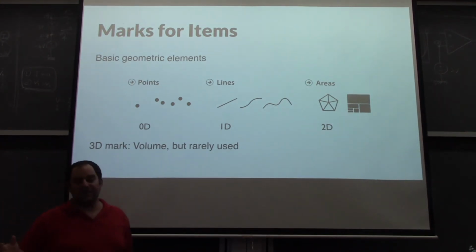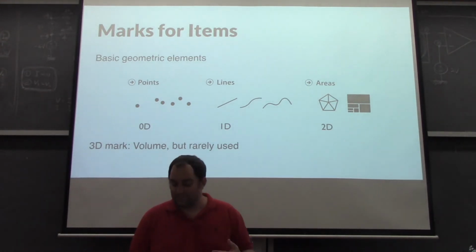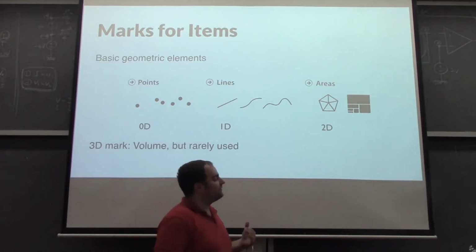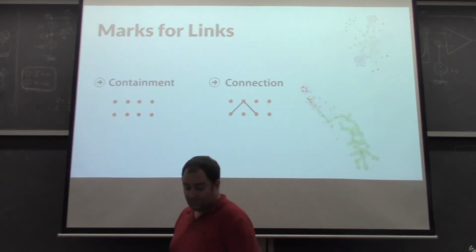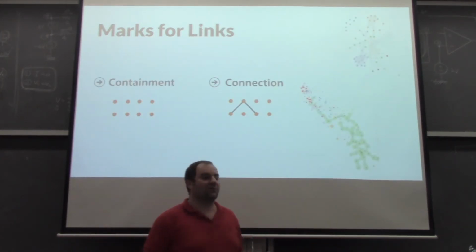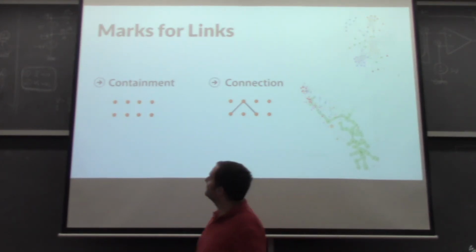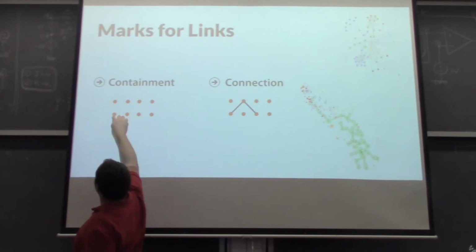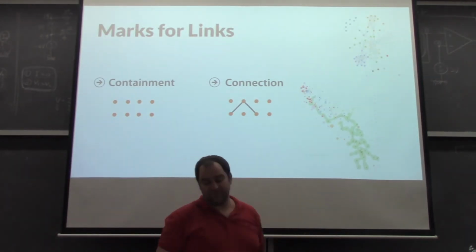It could also be a line chart, for example, in some way. For 3D, a mark could also be a volume, but in practice this is rarely used. Marks for links, we talked about those when we talked about Gestalt principles. This is a little bit hard to see, but here is an enclosure. Here we have explicit connections, and here are a couple of other examples.